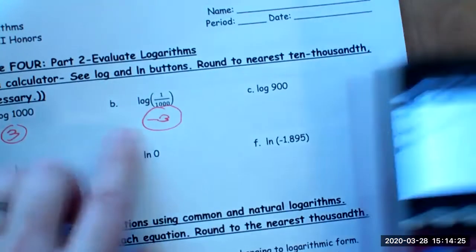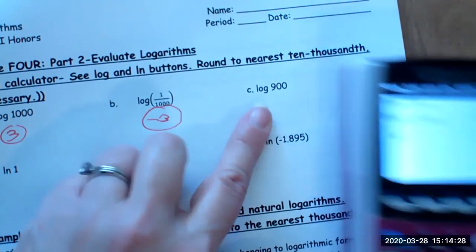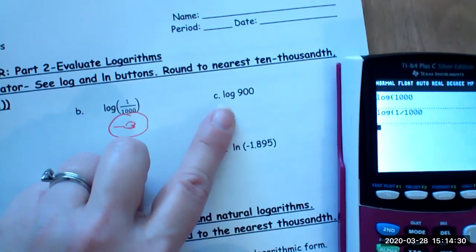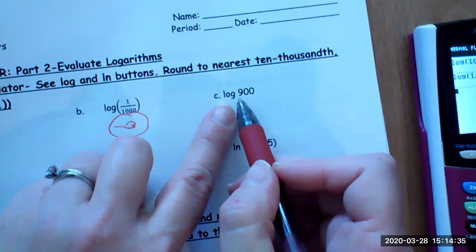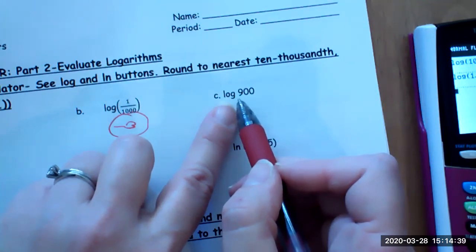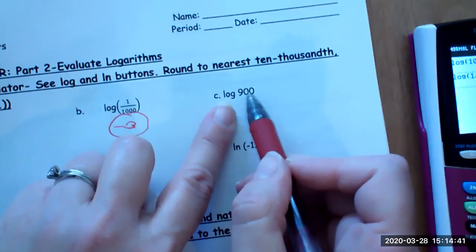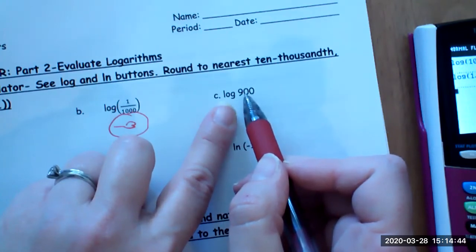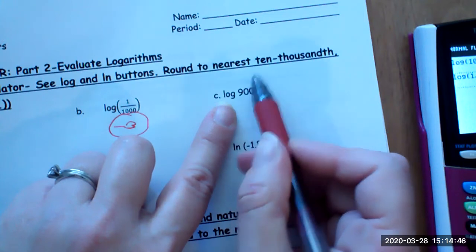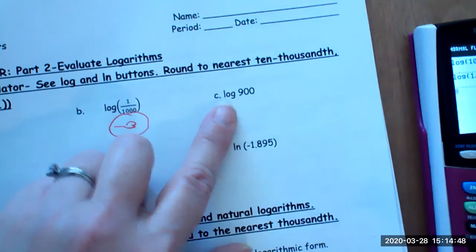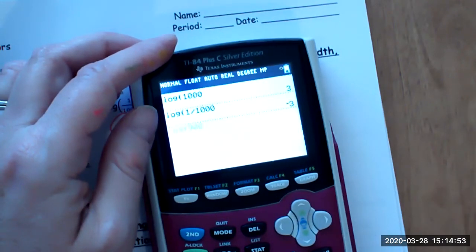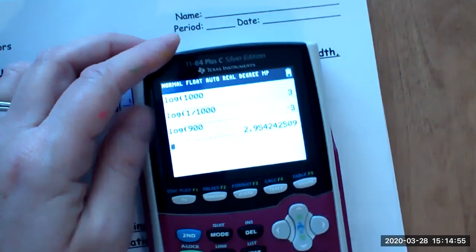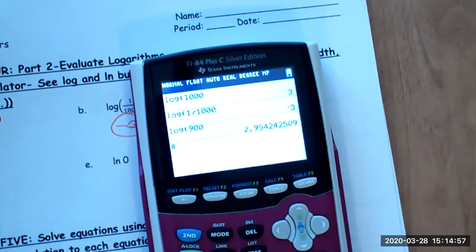Now, log of 900. Here's where you have to use the calculator, because I would doubt that any of you would be able to come up with a value, other than maybe approximating, of what number you'd have to raise 10 to get 900, because it's not an integer value, it's a decimal, which is why we're saying round to the nearest 10,000th. So if I take log of 900, we've got 2.9542.